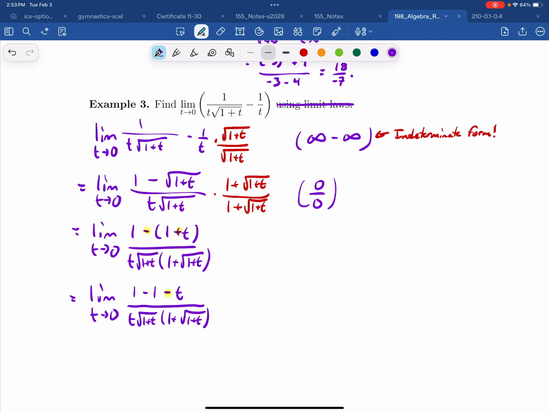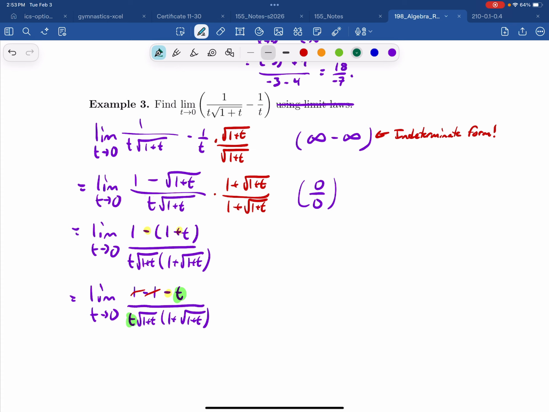Let's cancel. And then at this point, note that we have a factor of t on the top. Let me use a highlighter for this. A factor of t on the top, t on the bottom, because we're still getting 0 over 0, just like we always do when we multiply by the conjugate.